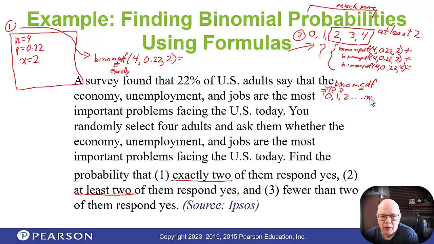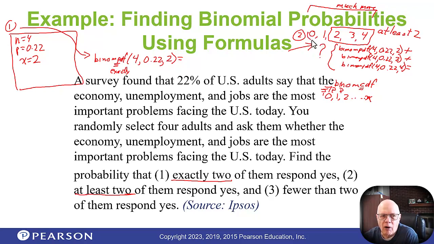Actually, you call that X. The catch is we can't tell it to start at 2 because it always starts with 0. But being the clever people we are, we know that 2, 3, and 4 is the complement of 0 and 1.